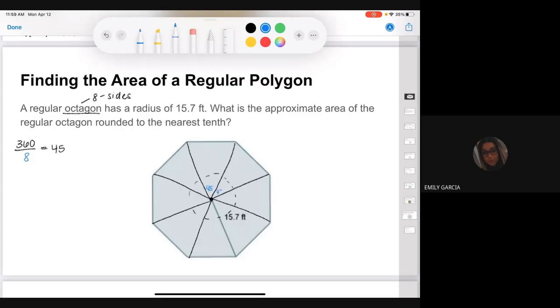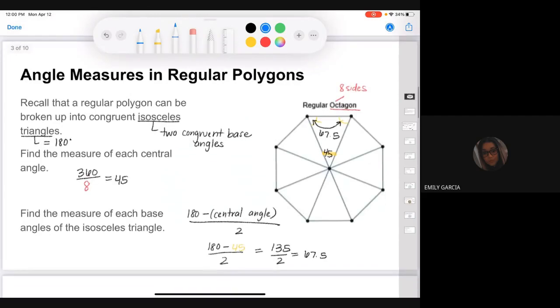So each of my central angles is equal to 45 degrees, okay? So this takes us back to the first problem that we looked at, right? We looked at the same thing. We wanted to find our central angles, so we took the entire interior of a circle divided by the number of triangles in this instance, and you're able to solve.